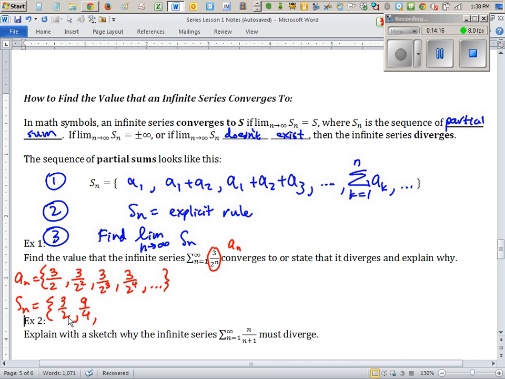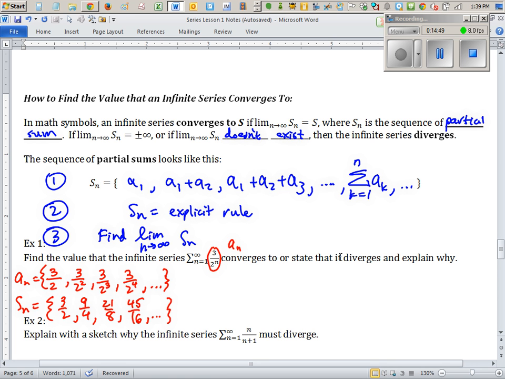And then the next term is 3 halves plus 3 fourths plus 3 eighths. It's the sum of the first 3 terms. So that comes out to 21 eighths. And then I add the first 4 terms and I get 45 sixteenths. I worked this all out earlier. What a pain. That's step 1.